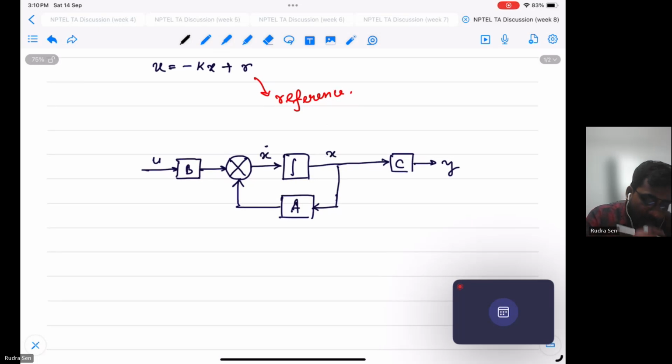So this is basically x dot equals ax plus bu and y equals cx. This is the thing. And we design u in that format where we need the state.